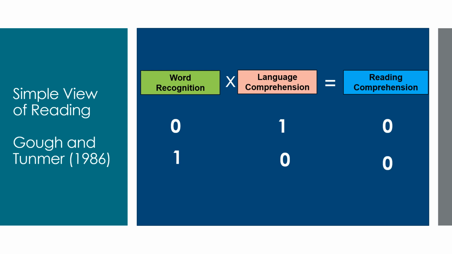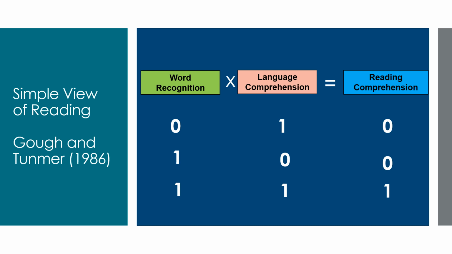When a student has word recognition and language comprehension, then 1 times 1 is 1, and we have a student who reads with reading comprehension. We may think we could say a student has 0.5 in word recognition and 0.5 in language comprehension, and that is still 0.25, which is still not 1, which is not adequate for reading comprehension.